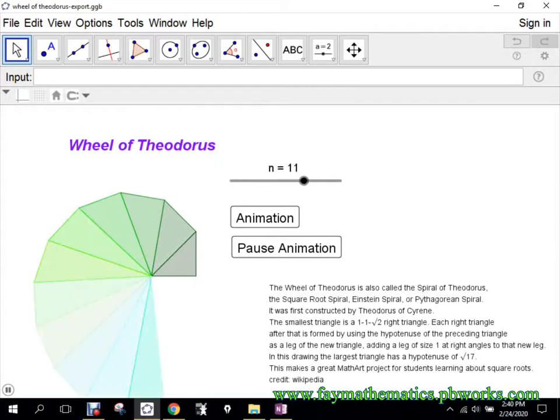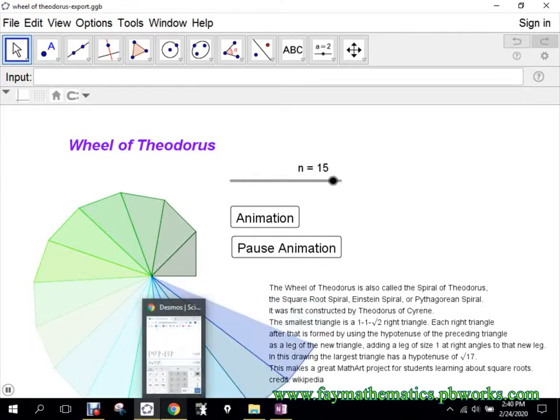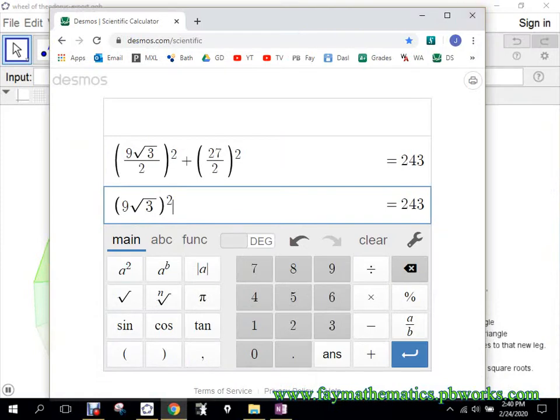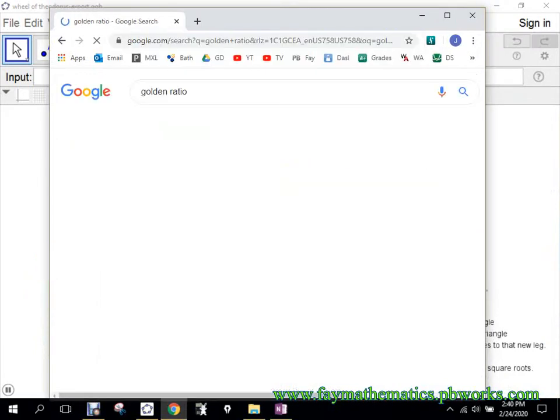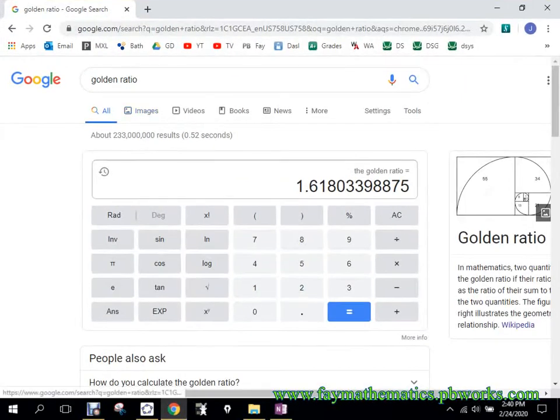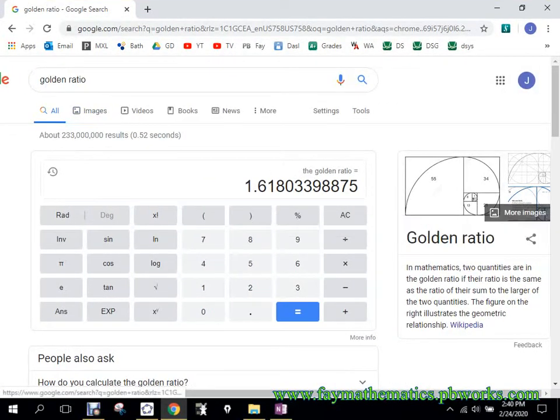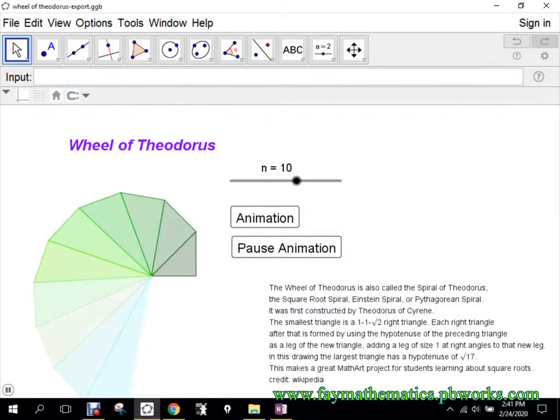You've probably seen pictures of, you guys seen this picture before? The idea of the golden ratio, and I'm not 100% sure, but that could be a logarithmic spiral. There might be logarithmic spiral aspects to this.